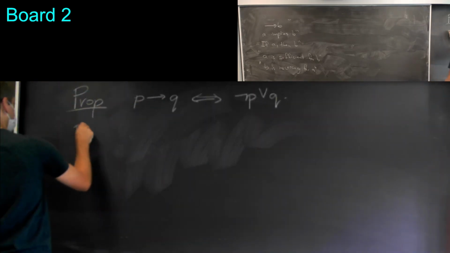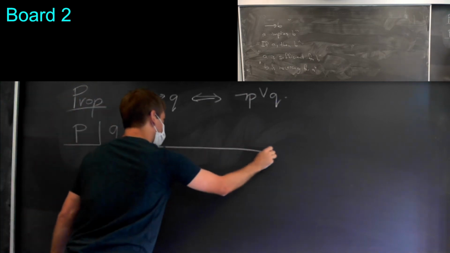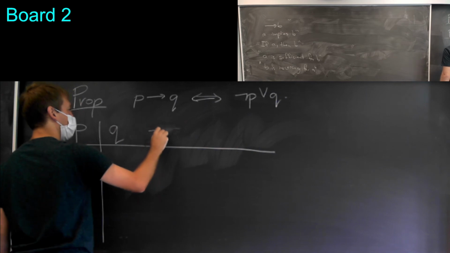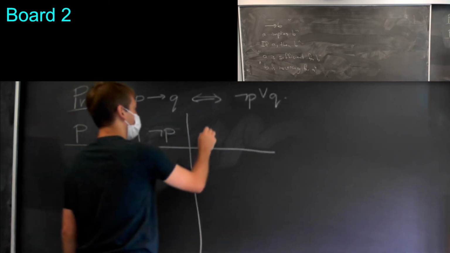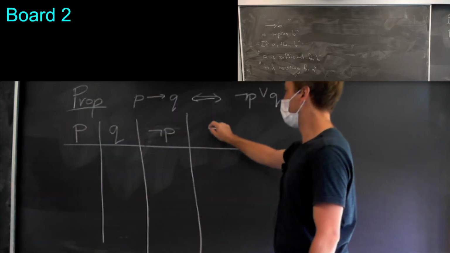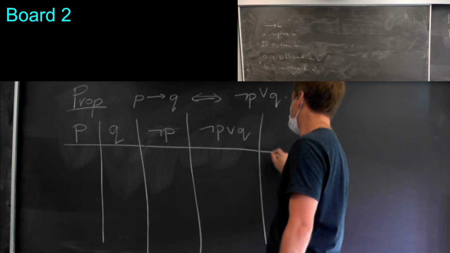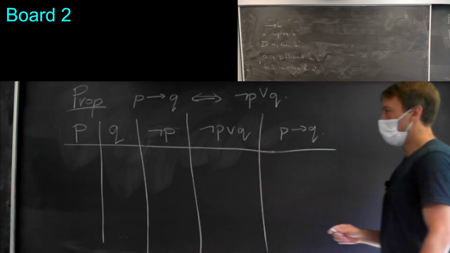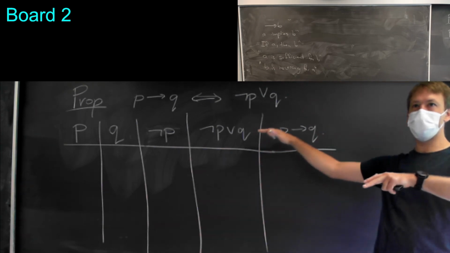Okay, I know these truth tables are getting extremely boring by now, but soon we'll have other tricks. Let's do not P or Q, and let's do P implies Q. By the way, there's not necessarily a wrong way to write these columns.